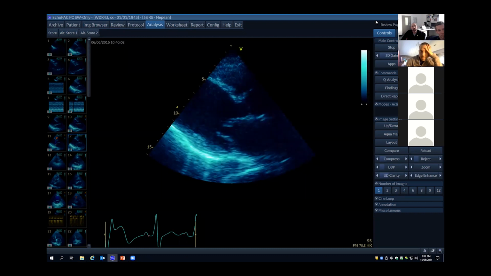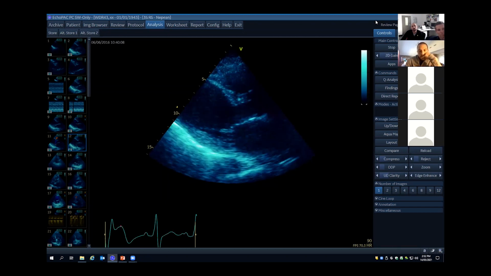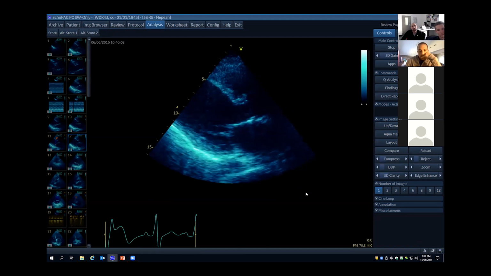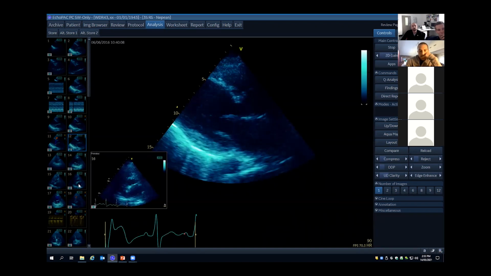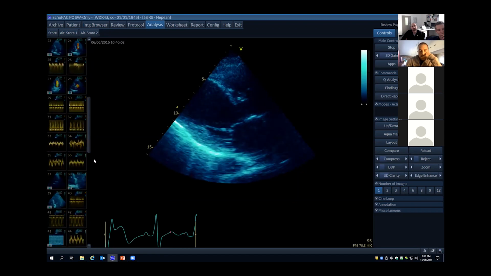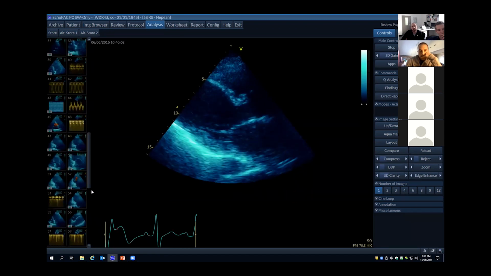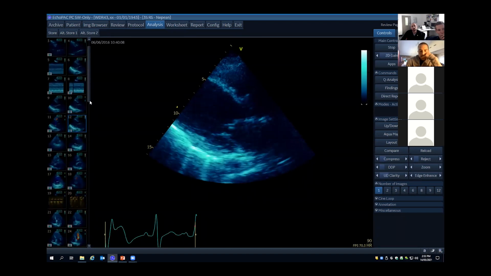The E-point septal separation is increased, and it looks like the mitral valve may be a little bit restricted in the posterior leaflet. I'd like to put colour on that. Left atrium looks large. The right ventricle outflow tract, the free wall there looks like it's moving okay. Posteriorly, it looks like there's some B lines in the left lung. Makes me think about interstitial syndrome.